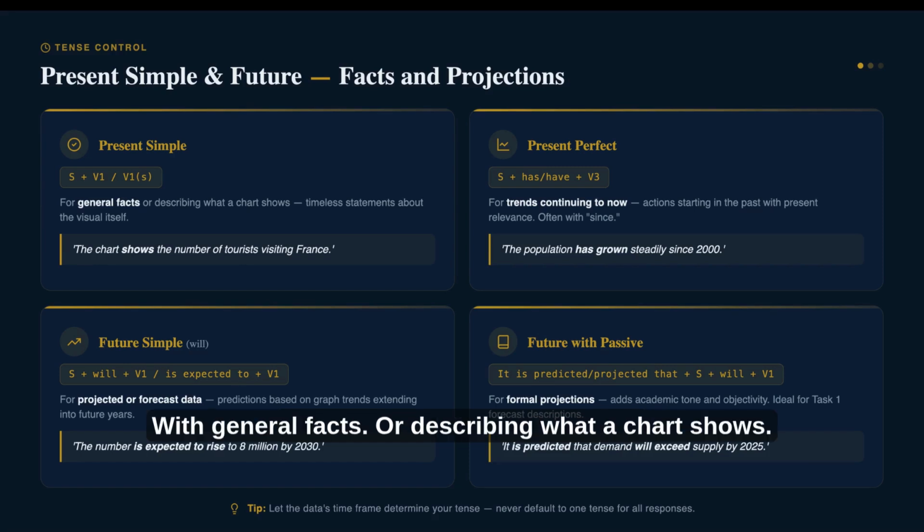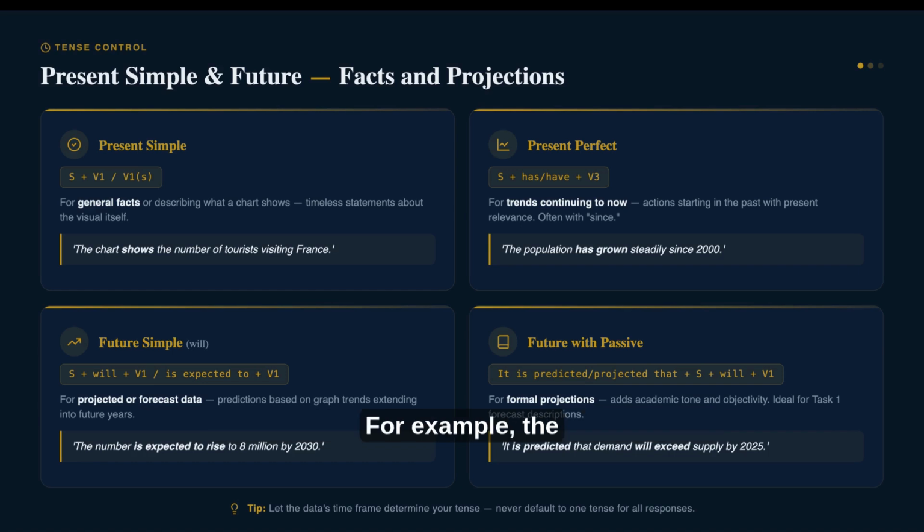We use it with general facts or describing what a chart shows, timeless statements about the visual itself. For example, the chart shows the number of tourists visiting France. So in this case, it is a general fact. And again, we use present simple to describe what a chart shows, especially when there is no specific time stated in the visual data.